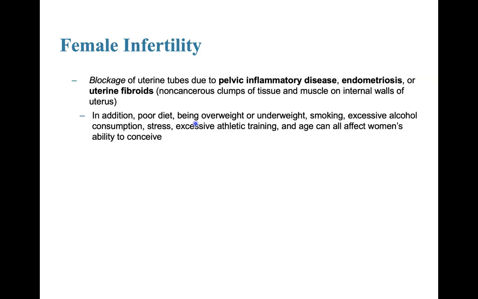This is not the same as early menopause. Another cause is blocked uterine tubes due to pelvic inflammatory disease, endometriosis, or uterine fibroids. In addition, poor diet, being overweight, underweight, smoking, excessive alcohol consumption, stress, excessive athletic training, and age can all affect a woman's ability to conceive.